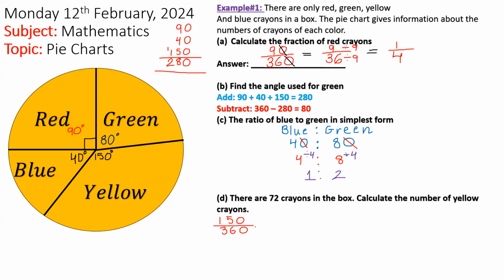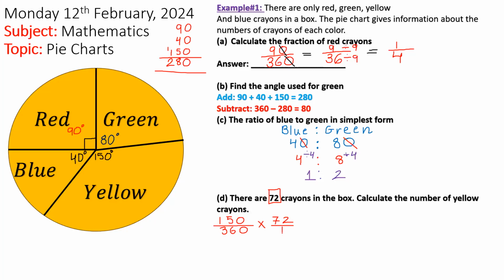Good. Now what we need to do is figure out this fraction of the total. Whenever we say of, what are we going to do? Multiply. So we're going to multiply by 72 over what? 72 over 1. Good.